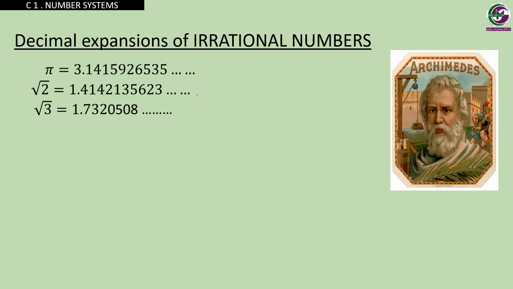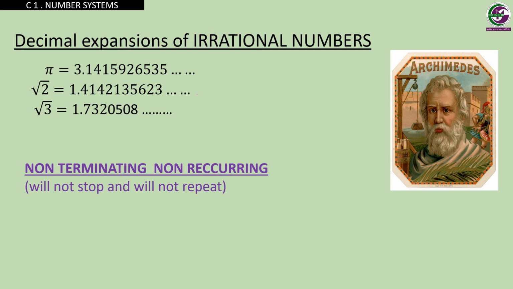His name is Aryabhata. He also discovered the value of pi until 4 digits after the decimal. All this you can research online and you will get the idea about it. So here there are irrational numbers. You know these are irrational numbers because they are not ending and not repeating. Pi, square root 2, square root 3. Not ending and not repeating.